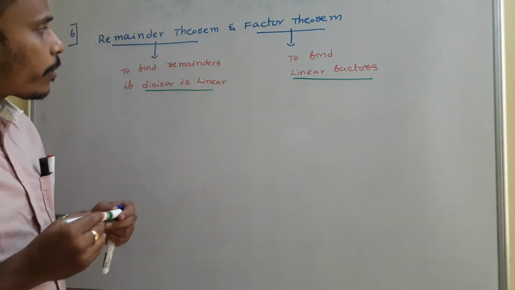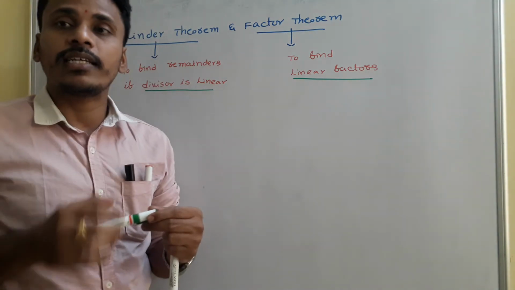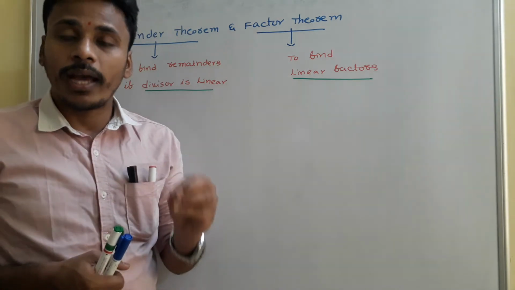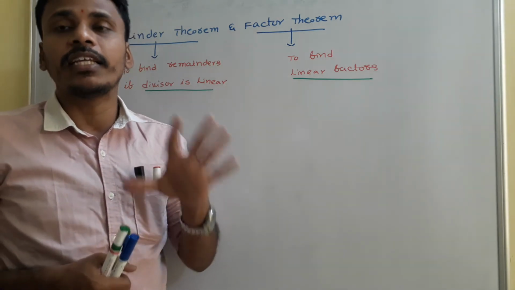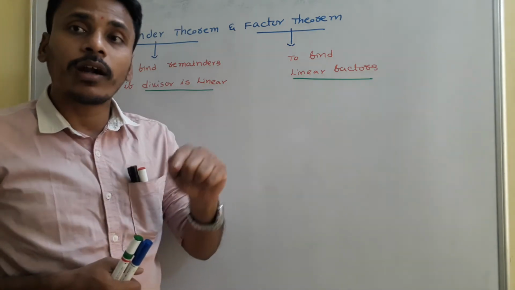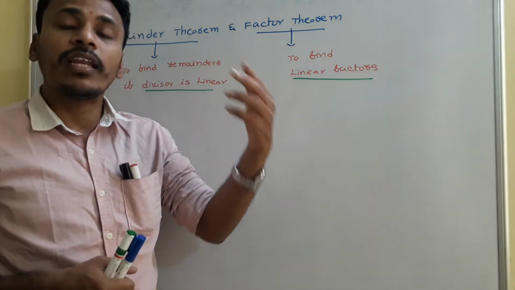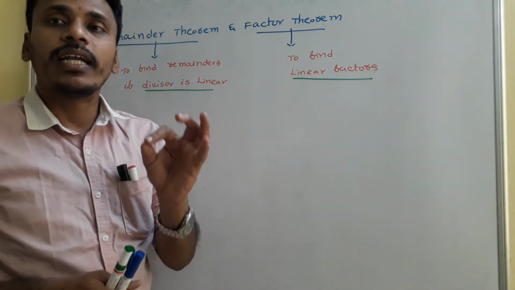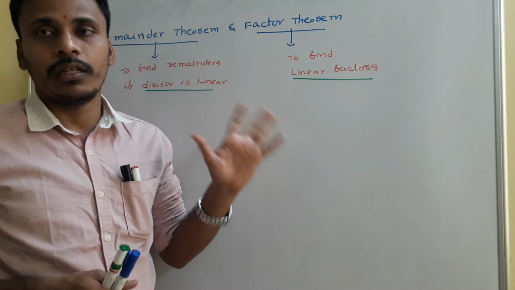That in turn means the remainder theorem and factor theorem are helpful if the divisor or the factor is linear. If it is of any other degree other than 1, then you need to go with the division algorithm of polynomials.